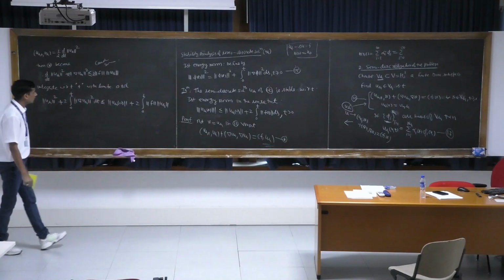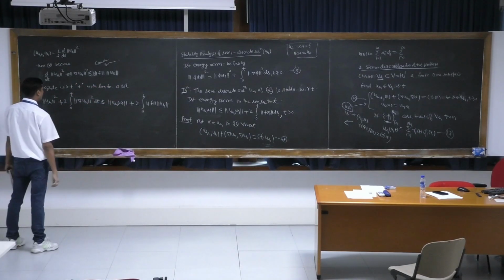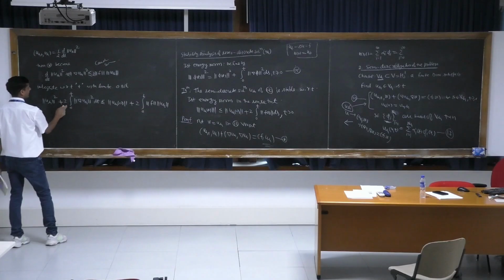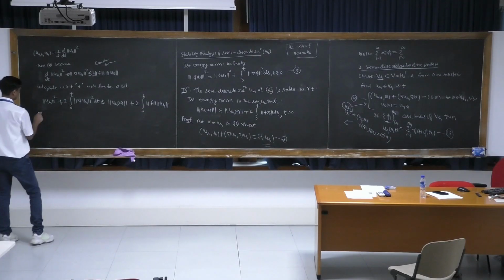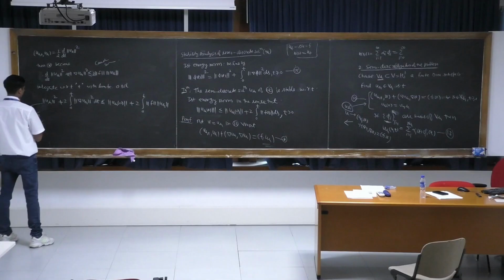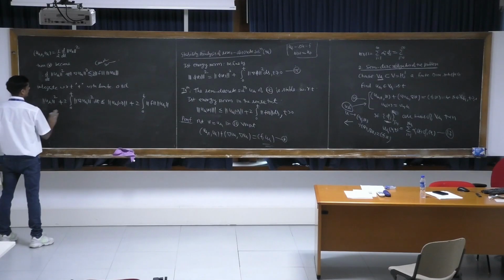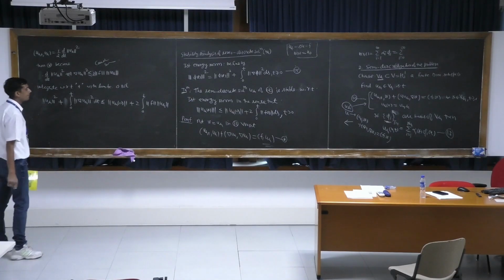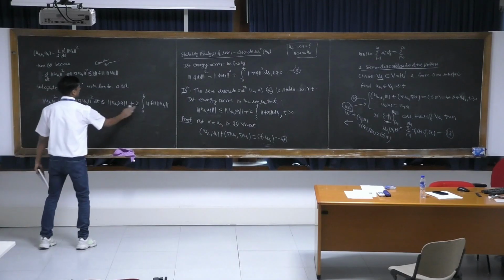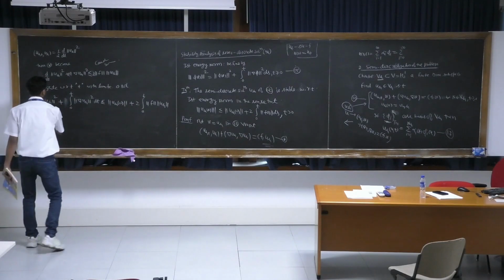Now you can omit this 2 from here because obviously this term is bigger than this one, and without the 2, we have norm of u_h square plus this integral 0 to t. So I can say that you can omit this here. Okay, so this is less than or equal to this.